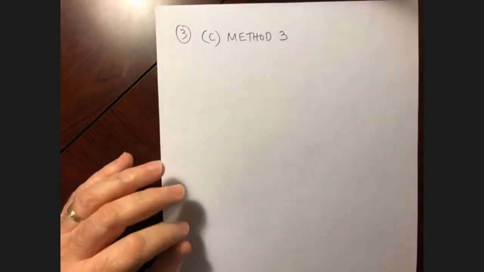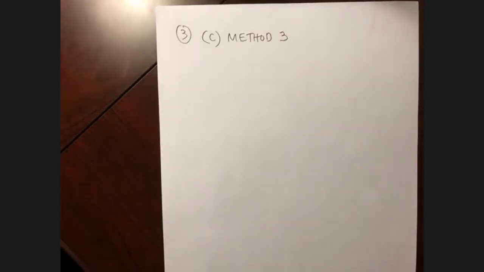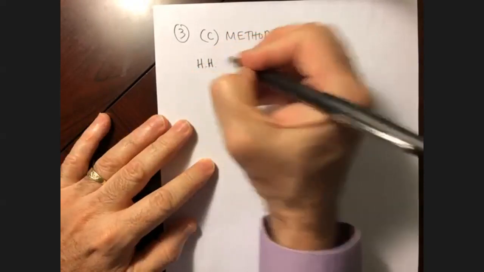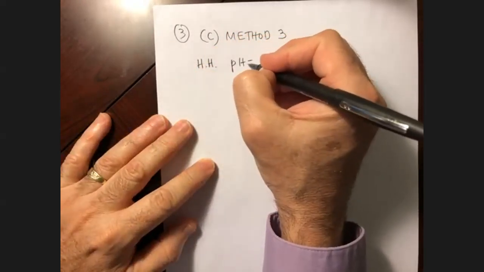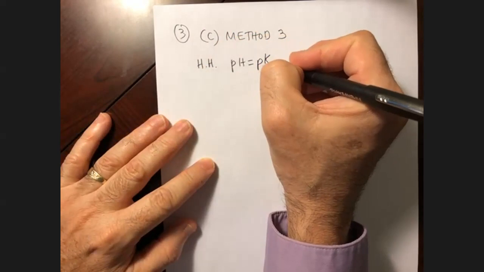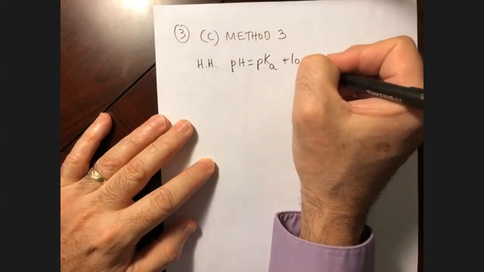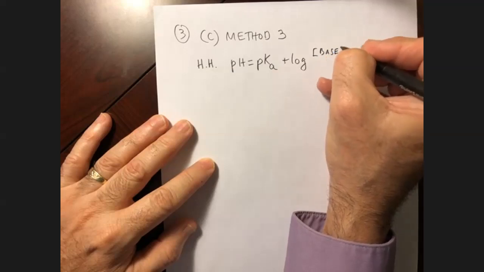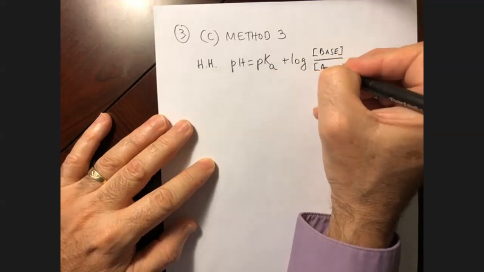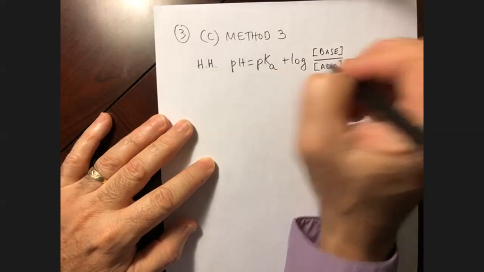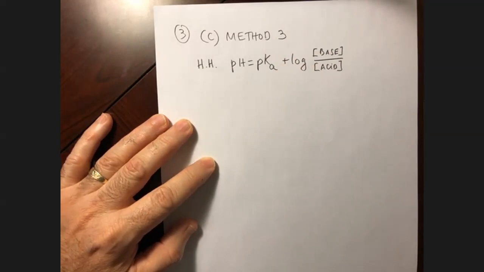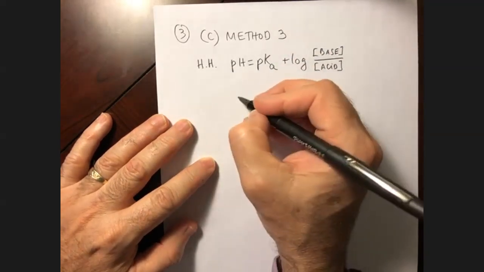All right, so it says here to use the Henderson-Hasselbalch equation, which is pH equals pKa plus the log of base molarity over the acid molarity. And we're being told that this solution has a pH of 4.11.